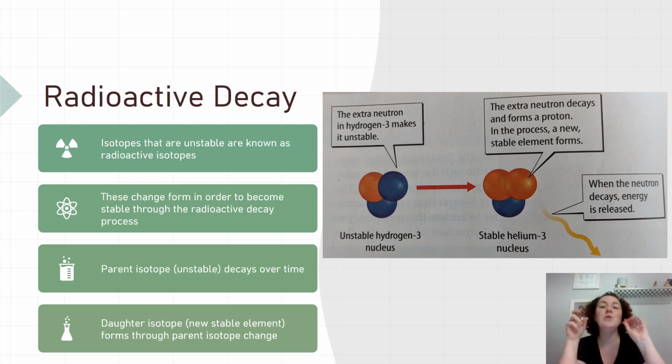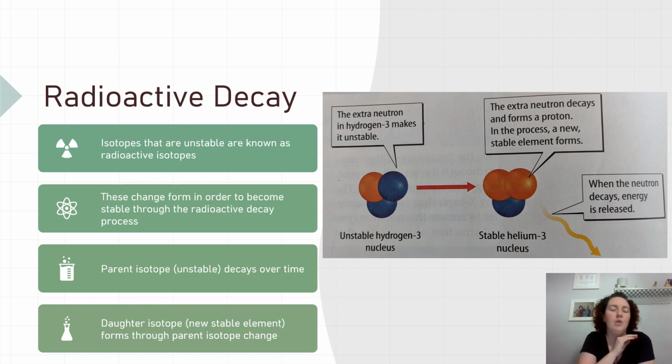So when the neutron decays, energy is released into the universe. The extra neutron decays and forms a proton. In this process, a new stable element forms. So no longer do we have unstable hydrogen 3, but now we have a very stable helium 3, because there are 3 little things within our atom now.